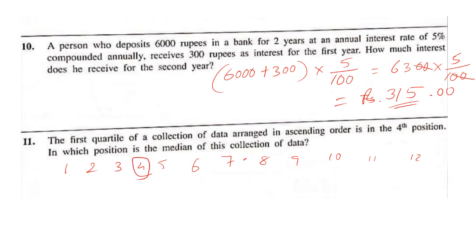This is the 4th position, right? And we have to leave 3 here and you get 8 here. So 3 here and 3 here, right? So the median is at the 8th position. So this is how you get the 8th position.